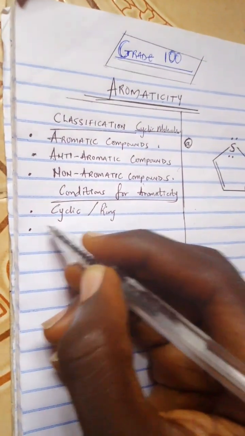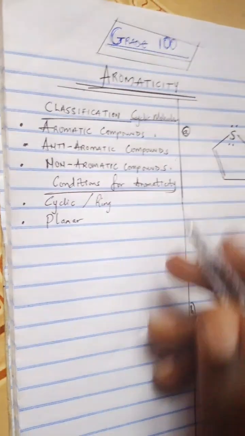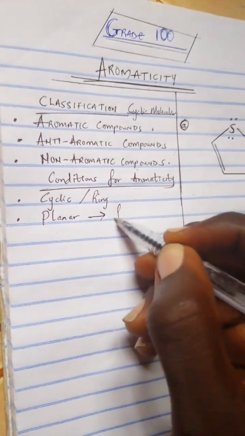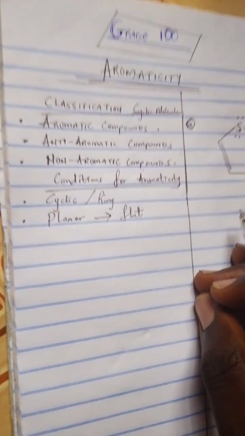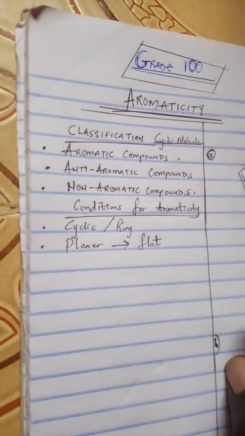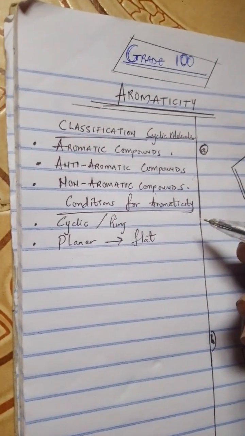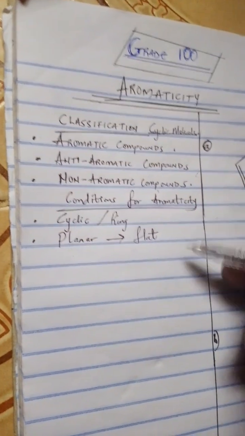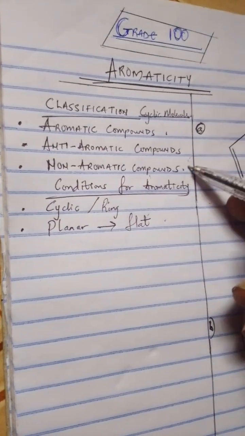Now, the second condition is that it must be planar. Planar in the sense that it must be flat. The structure must be flat. One key hint for us to know whether a structure is flat is that any cyclic compound that has carbon atoms from 3 to 7 is always flat.